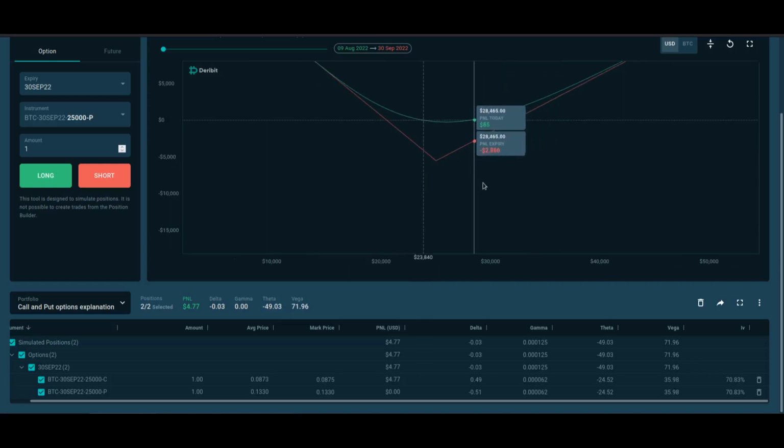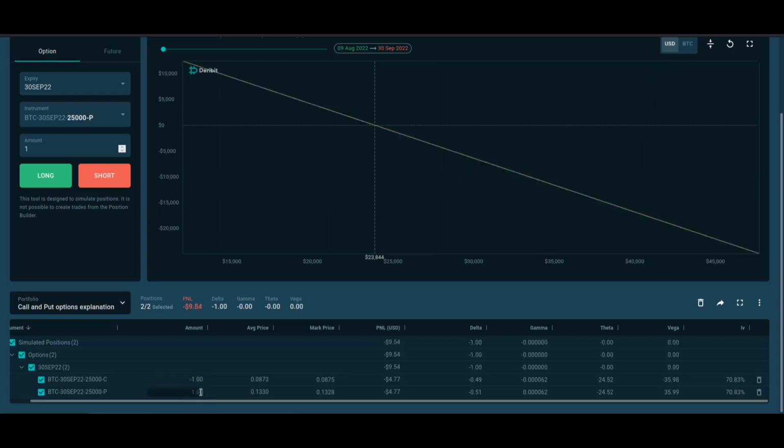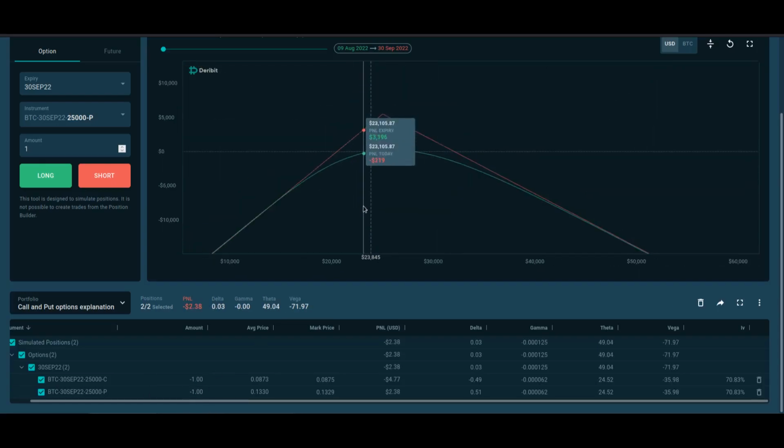Looks like here it's correct. So we can see it is very similar to a calendar, but it is mostly a delta trading strategy, not volatility, because volatility, as you can see, is the same on all options. Okay, we bought a strangle and we sell a strangle, so we have the same but reversed.